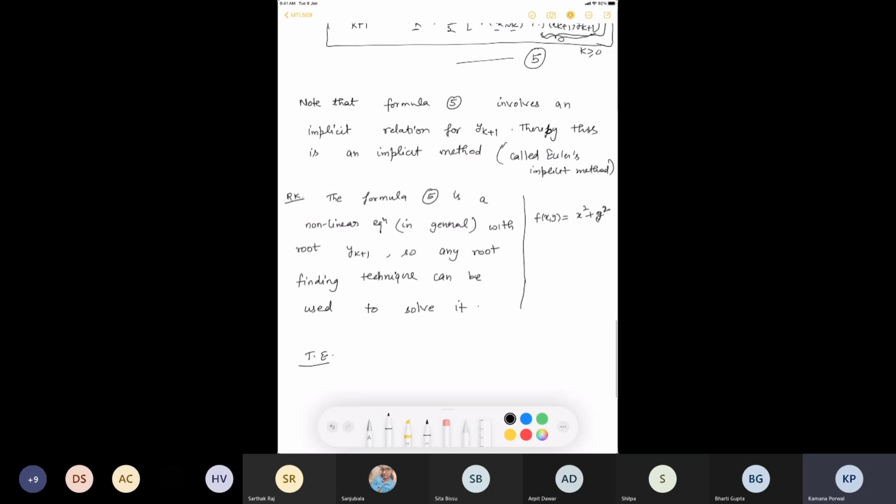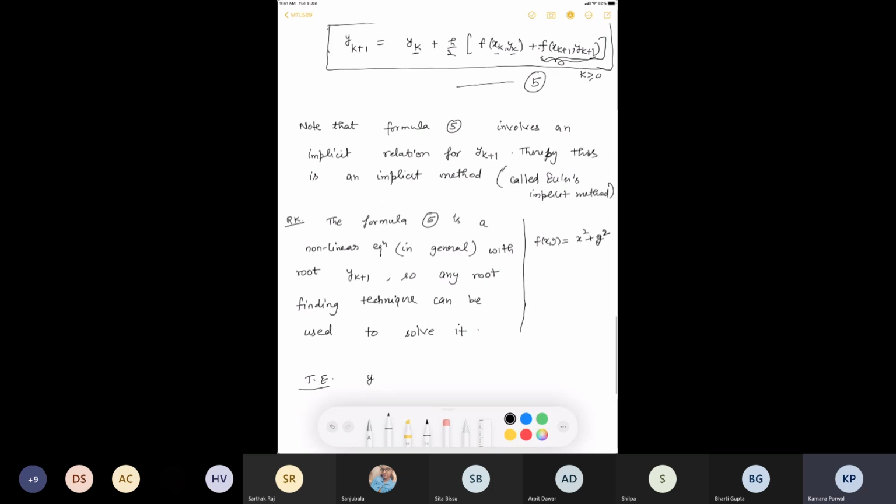So the truncation error is going to be y at xk plus 1, right? And then I have the expression y at xk plus h by 2 times f of xk, y at xk, plus f of xk plus 1, y at xk plus 1, right? Minus this complete term.